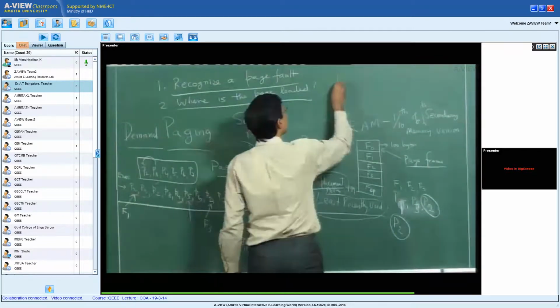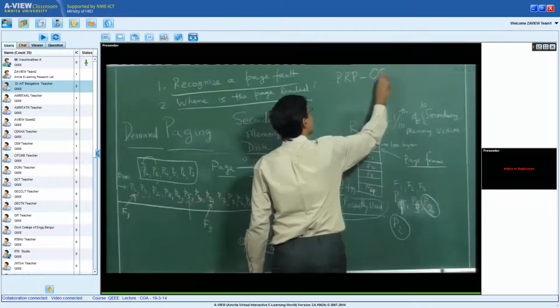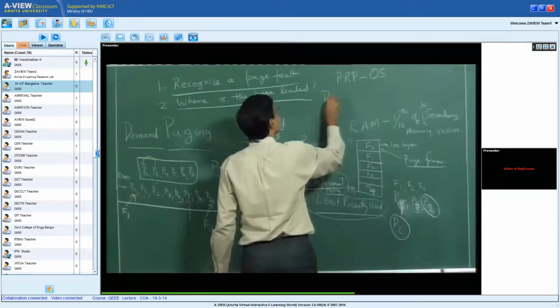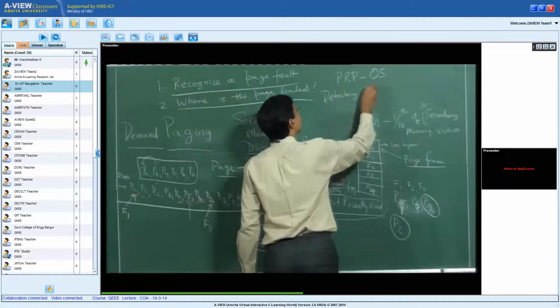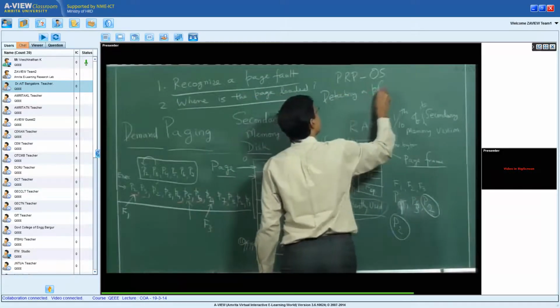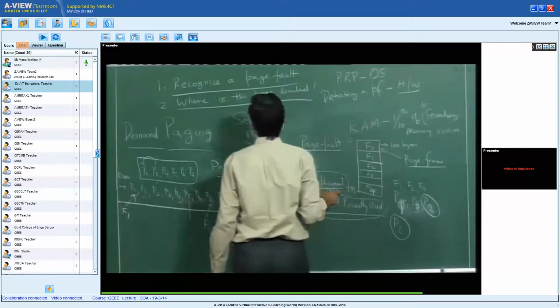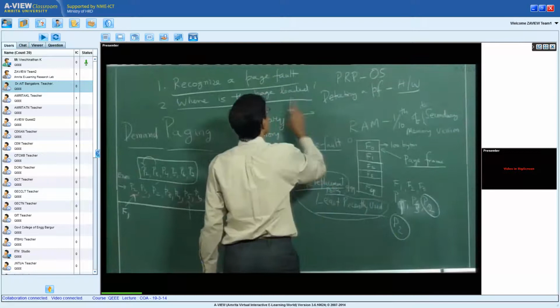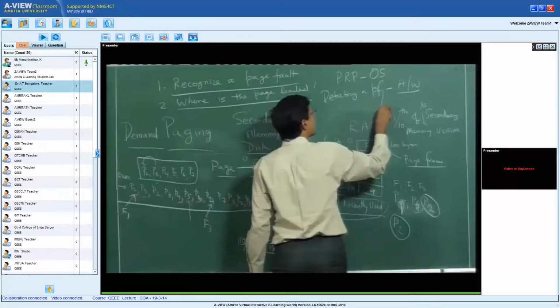The page replacement policy, the PRP, is the OS. Detecting a page fault is done by the hardware. Where the page is loaded is also answered by the hardware.